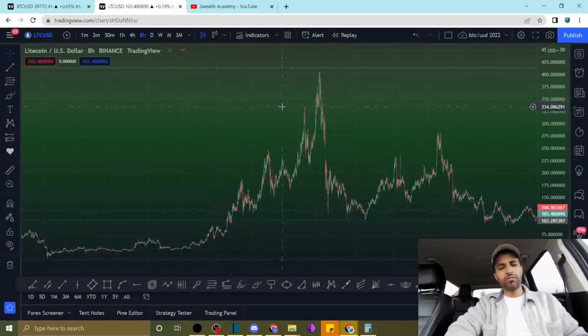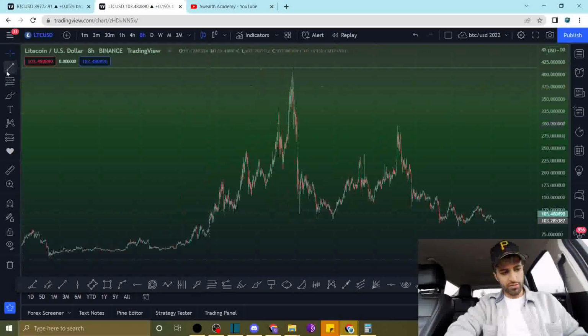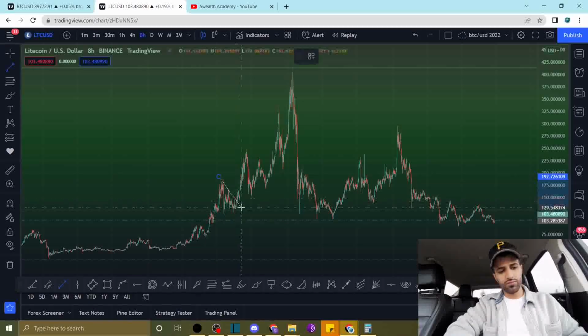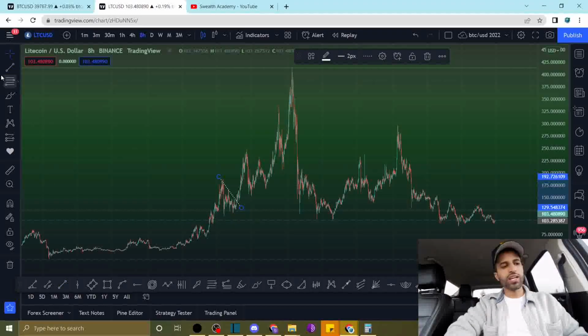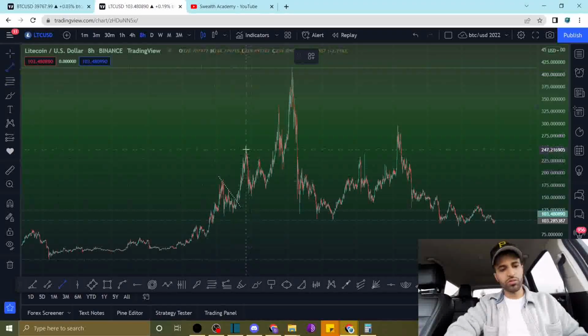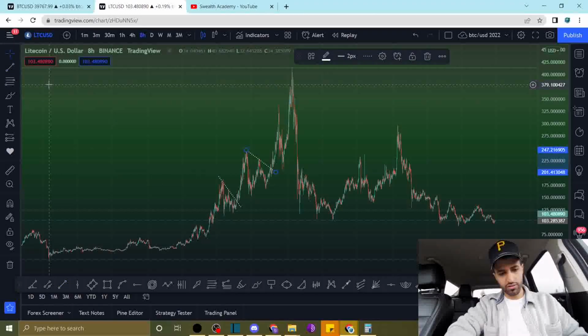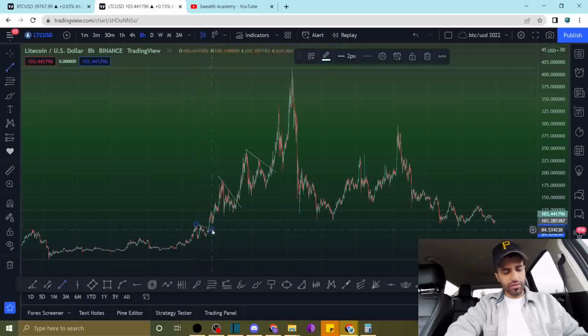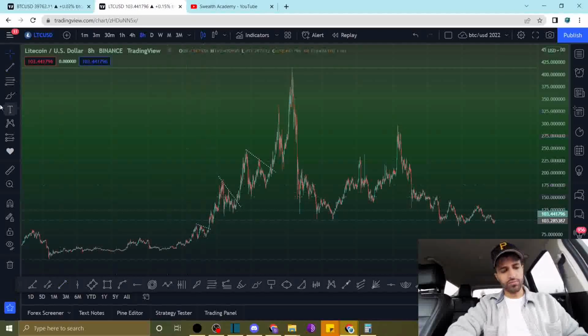So I'm going to start off with one simple pattern, and then we're going to work our way into the fractals. Right here we have our resistance level. Right here we have another resistance level, as well as this first fractal that cannot be missed. Right here is what you call a resistance level.